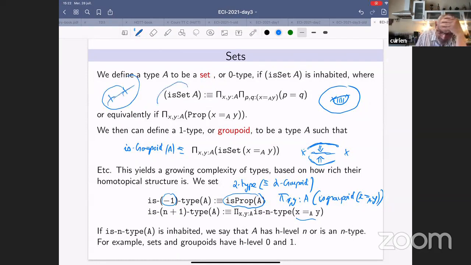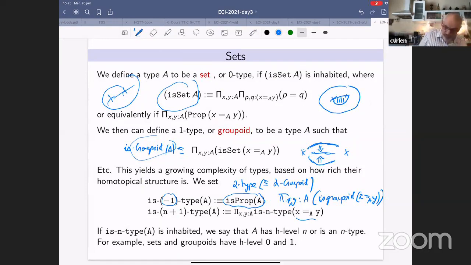So a set is a 0-dimensional thing. Then a groupoid speaks about sets and paths, so it has dimension up to 1. And then a 2-groupoid has dimension up to 2. So that's why in this hierarchy we want isSet to have dimension 0. And hence, because isSet is generated from isProp by this induction, it is natural to call isProp the -1 type.